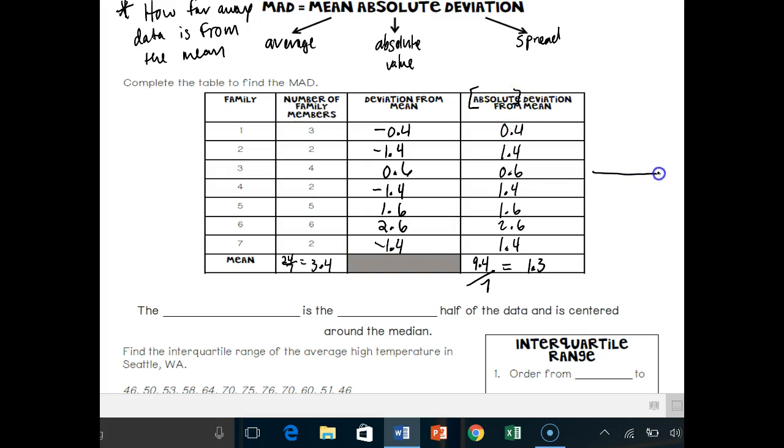So if this were the mean, you could go 1.3 this way and 1.3 this way to say, okay, this is where most of the data falls. The interquartile range was the other phrase we're going to talk about. It is the middle half of the data and is centered around the median.